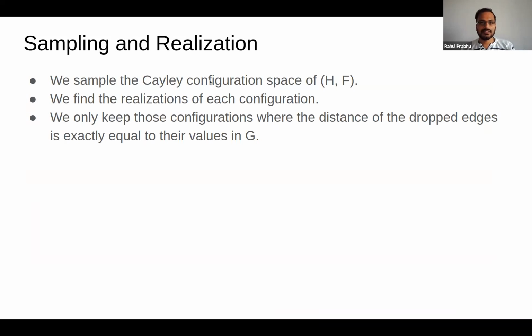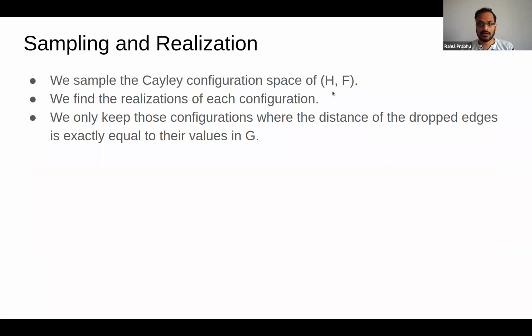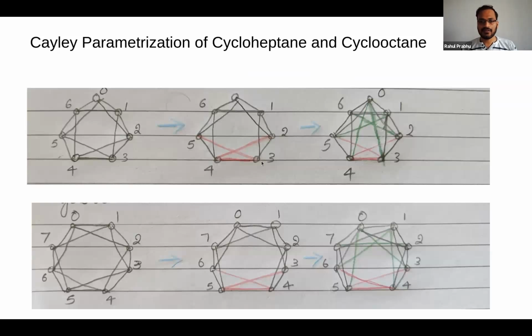We sample the Cayley configuration space of H on the set of newly added edges, these green edges that I call F. For each configuration in this configuration space, we compute the realization of H. Once we've computed the realization, we can measure the lengths of these dropped edges.